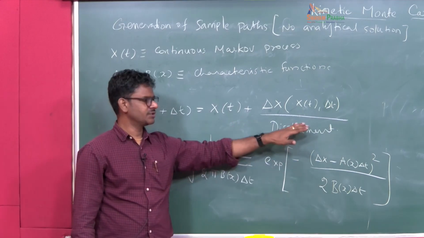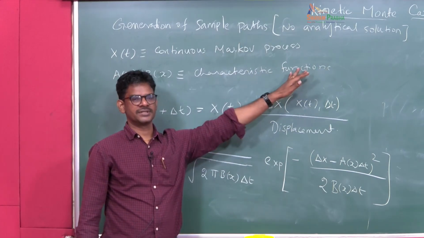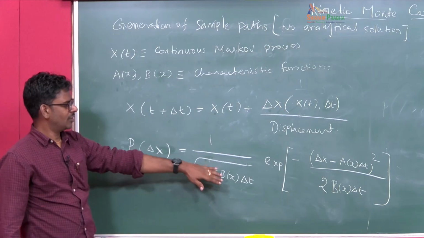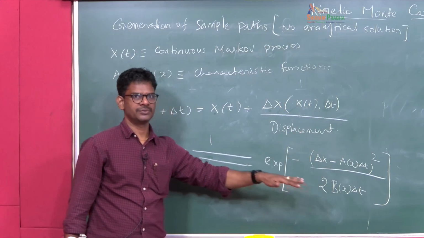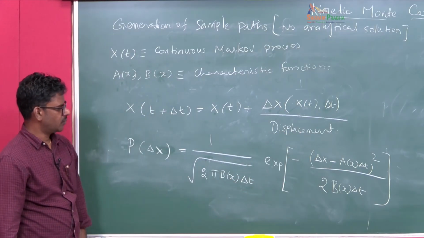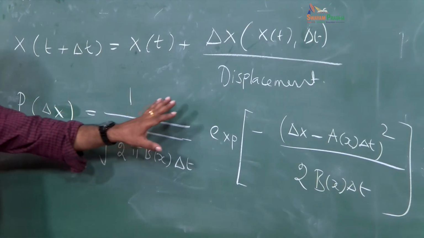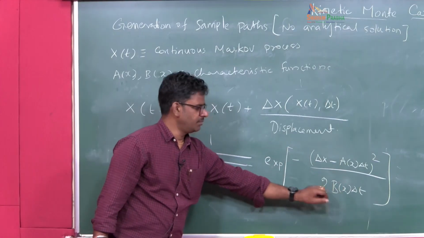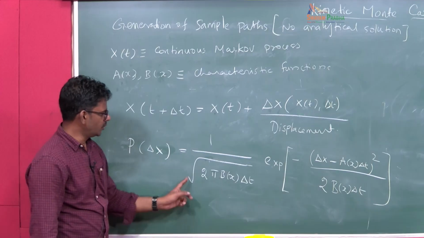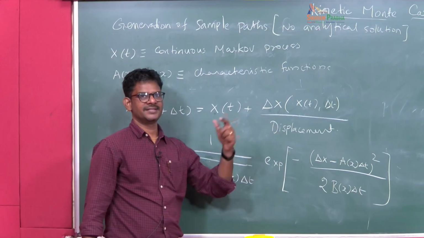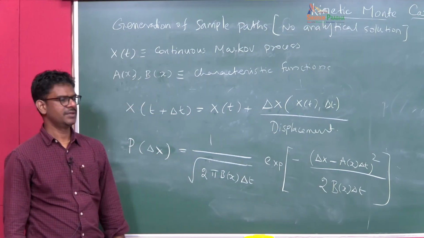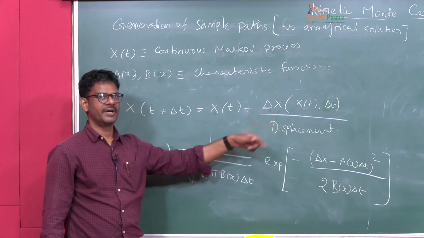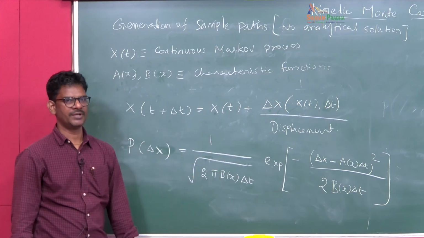This happens because this is a continuous Markov process, and we also apply the central limit theorem in this case. I am skipping the details, but what you can see here is if we know a and b, you can use this distribution to generate delta x as a Gaussian random variable, and then you keep adding this by generating over subsequent time intervals.